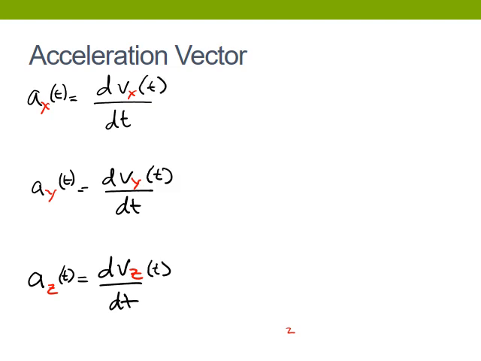But now, of course, we have the components, and to get the full vector, we just take them and we add them up.